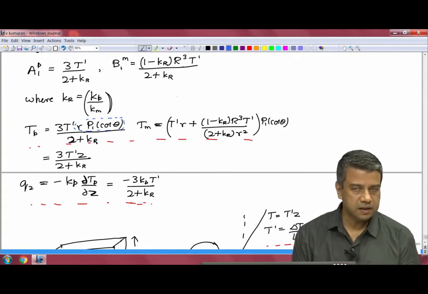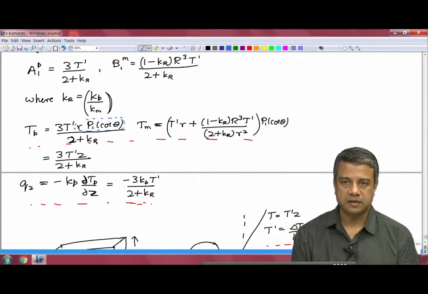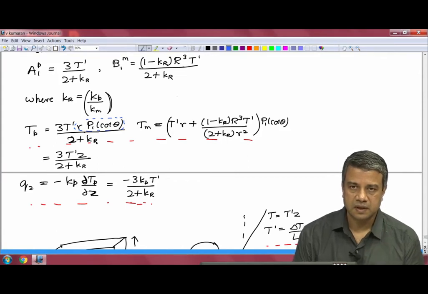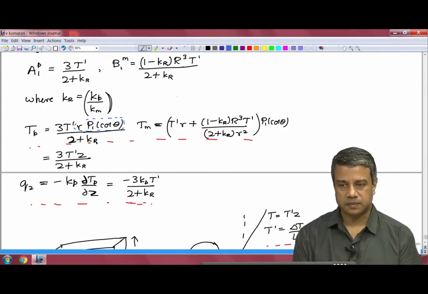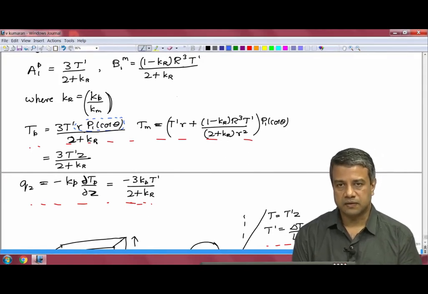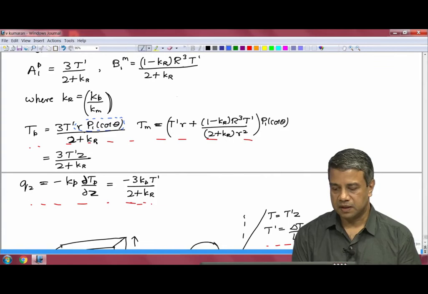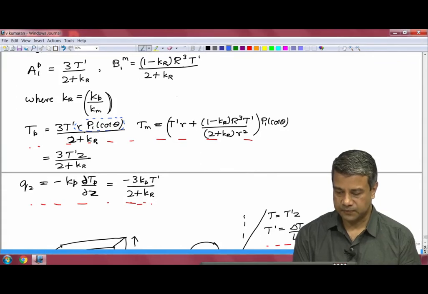This we had calculated in the previous lecture using spherical harmonics expansion, identifying non-zero coefficients only for n equal to 1, solving and imposing boundary conditions: continuity of temperature, that is, the temperature on the matrix and particle side are equal at the interface, and continuity of flux, the flux on the matrix and particle side are equal at the interface.